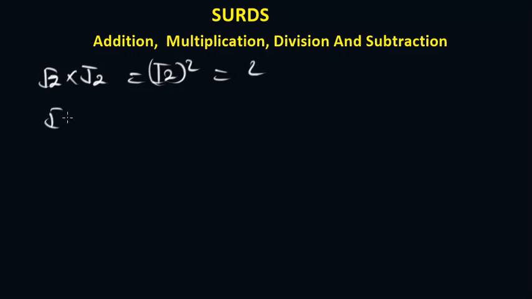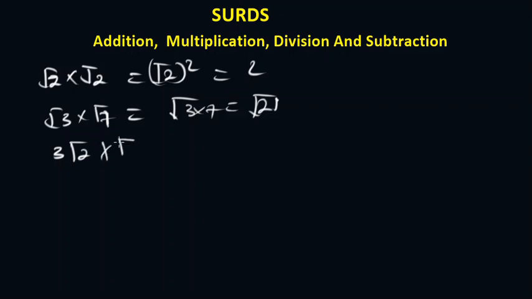When you have root 3 times root 7, this will be equal to root of 3 times 7, which is root 21. Like that, the rule says that. So when you have 3 root 2 times root 17, this will be equal to 3 on top of root 2 times 17, which is root 34.